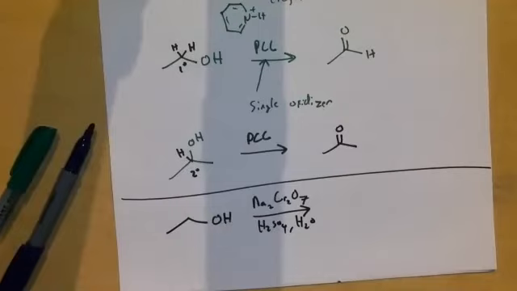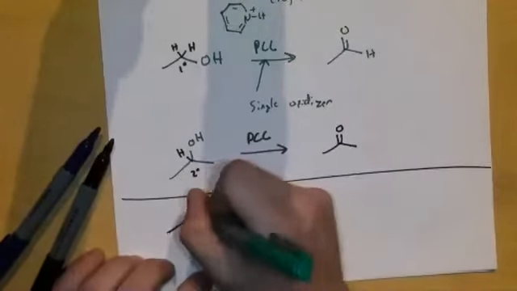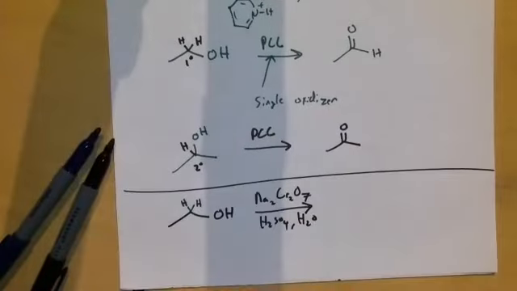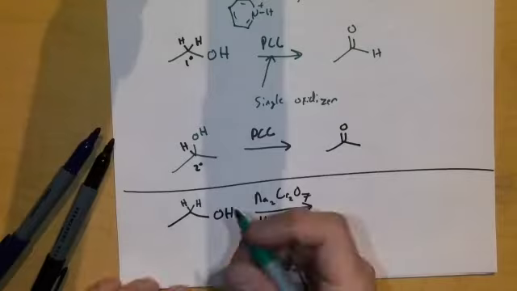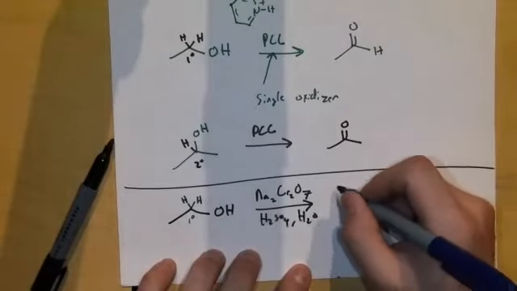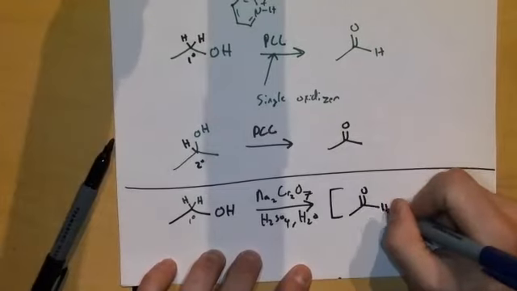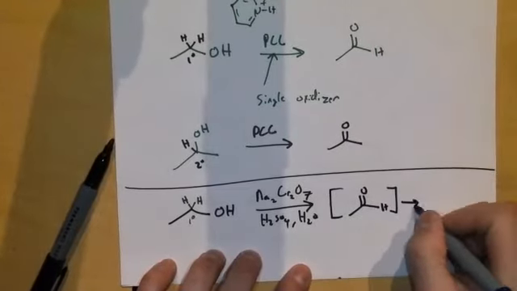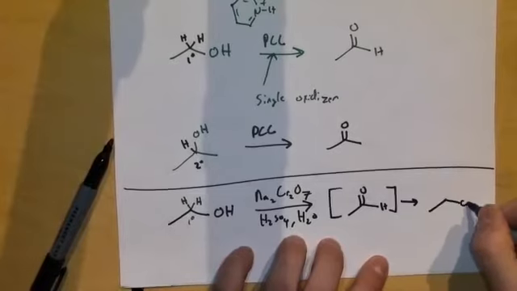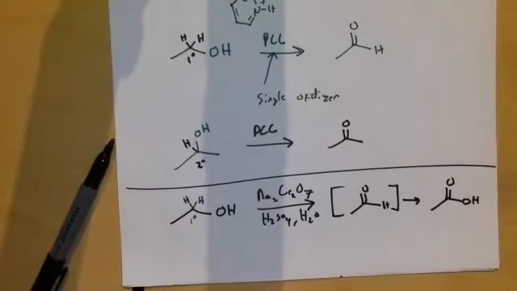These are considered to be pretty harsh conditions. We have 2 hydrogens, which means that we can oxidize it twice. This is a primary center here. So doing a double oxidation will get us originally to an aldehyde, but then this will continue to oxidize to a carboxylic acid.